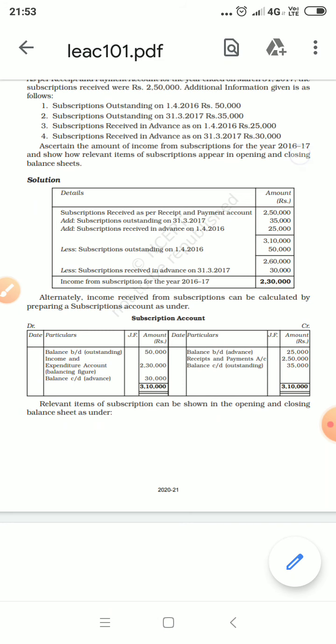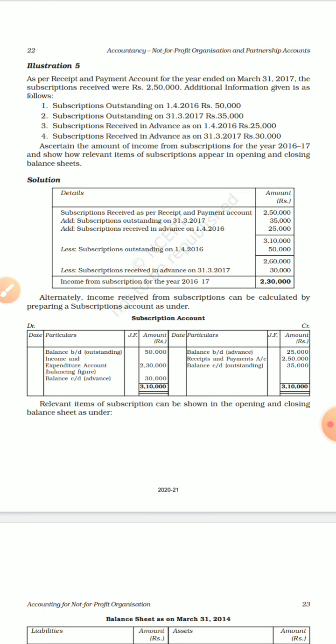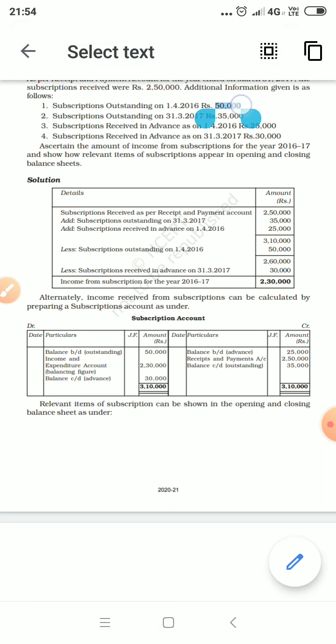Additional information is given. Subscription outstanding on 1st April 2016. Here you have to see which is the current year. Current year is 16-17. So 1st April 2016 is actually previous year's outstanding.